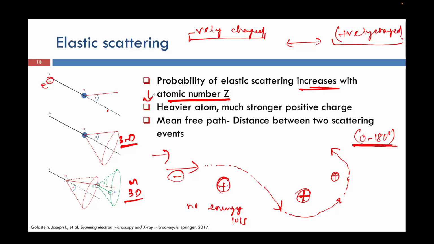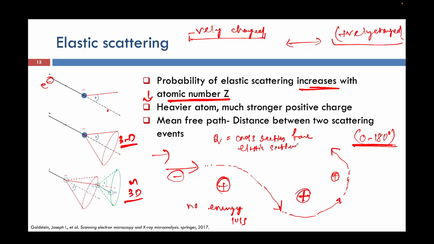And there is a term called the probability of elastic scattering, there is a term called Q, which is defined as the cross section for elastic scattering.